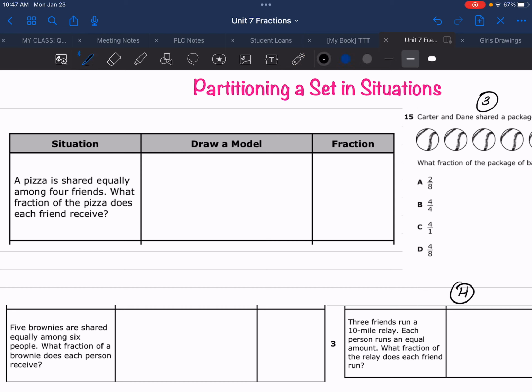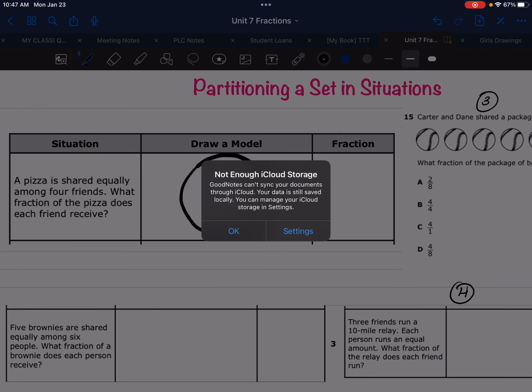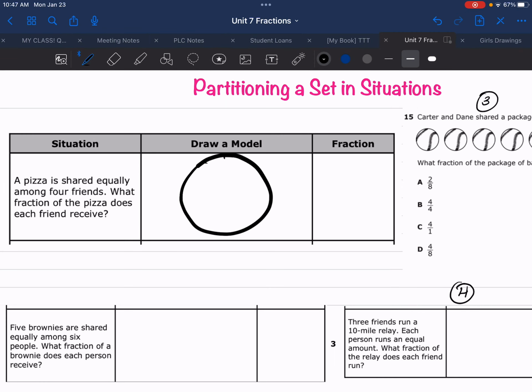I'm going to draw a circle for my pizza. It says it's going to be shared equally among 4 friends, so I need to divide my pizza into 4 equal parts. We did this earlier, so let's do it again. Okay, now my pizza is divided into 4 equal parts. What fraction does each friend receive?